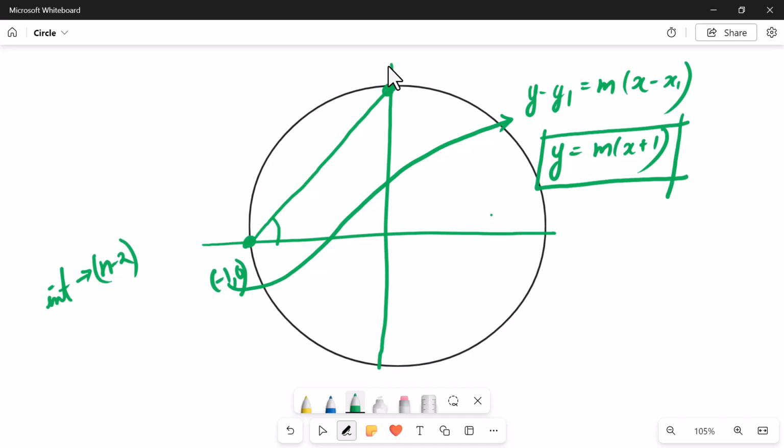Now as we have to calculate the intersection point, we have to solve the equation of the line and the equation of the circle simultaneously. The equation of a unit circle centered at the origin is x square plus y square is equal to 1.